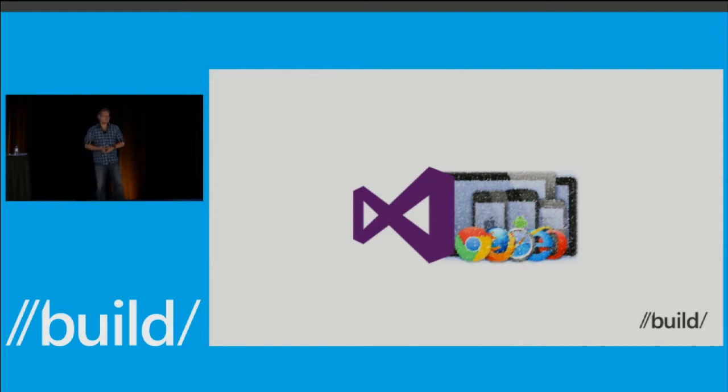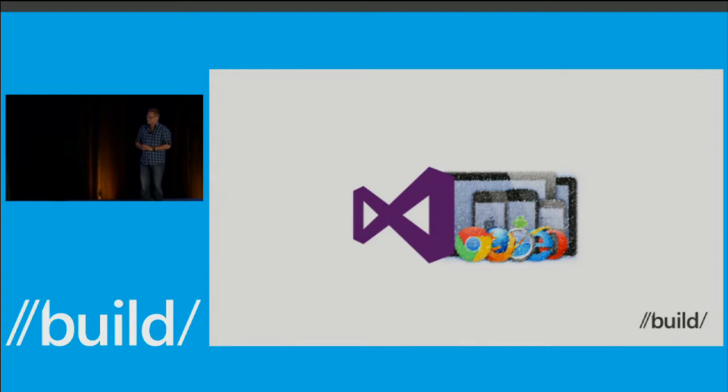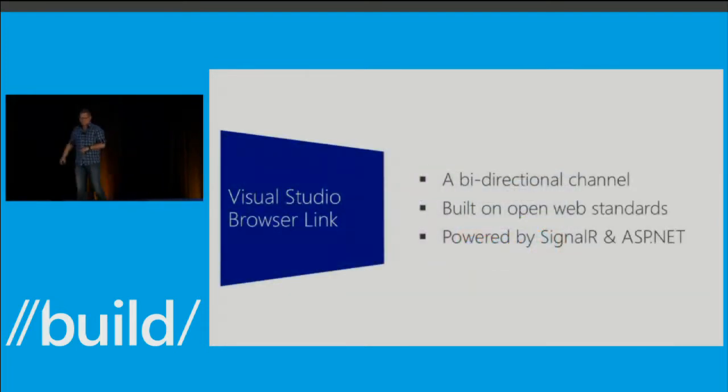And what we've done in Browser Link is to try to achieve that dream. Browser Link is a bidirectional communication channel based completely on open standards. There's no proprietary stuff going on here. It's just WebSockets and JavaScript. That's all it is, and it's powered by SignalR and the ASP.NET runtime.